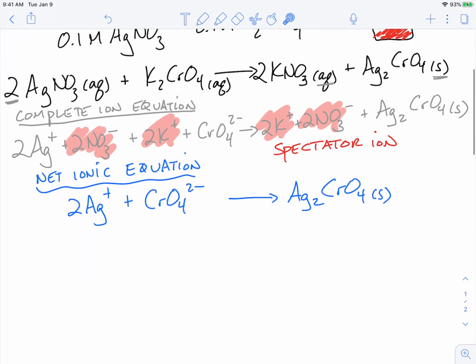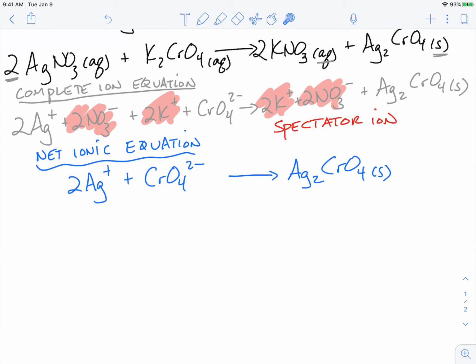Well, the answer lies in the net ionic equation. In the net ionic equation, we recognize that in order to make this precipitate, you need 2 moles of silver ions to react with 1 mole of the chromate ions. And that's going to form 1 mole of our precipitate. So this is our equation, but it doesn't necessarily tell us what we actually mixed together.